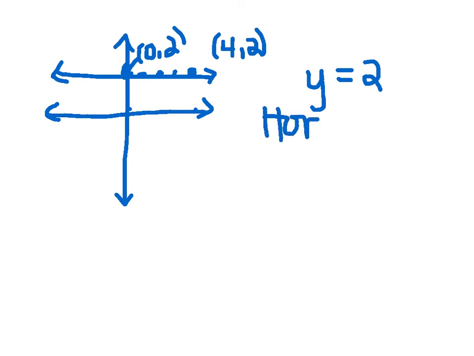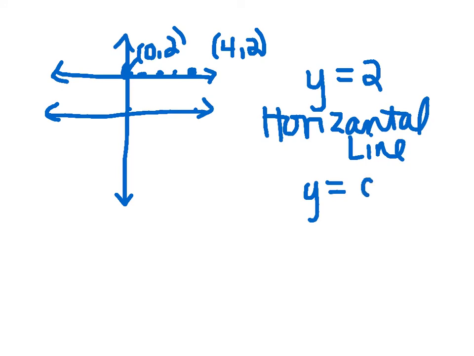So in any horizontal line, y is always the same, so the equation is always y equals a constant, some number, and you'll be able to tell from that. It depends on where it is. It's at 2 here, so that's what makes it that.